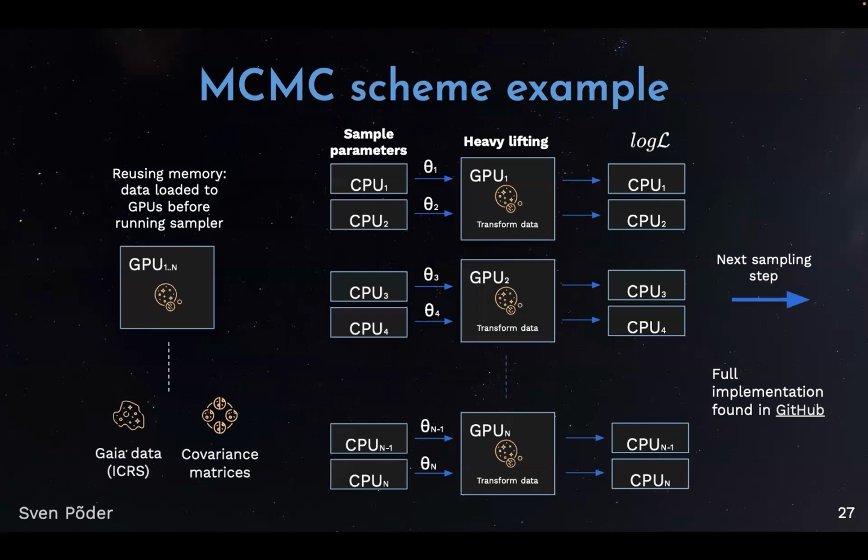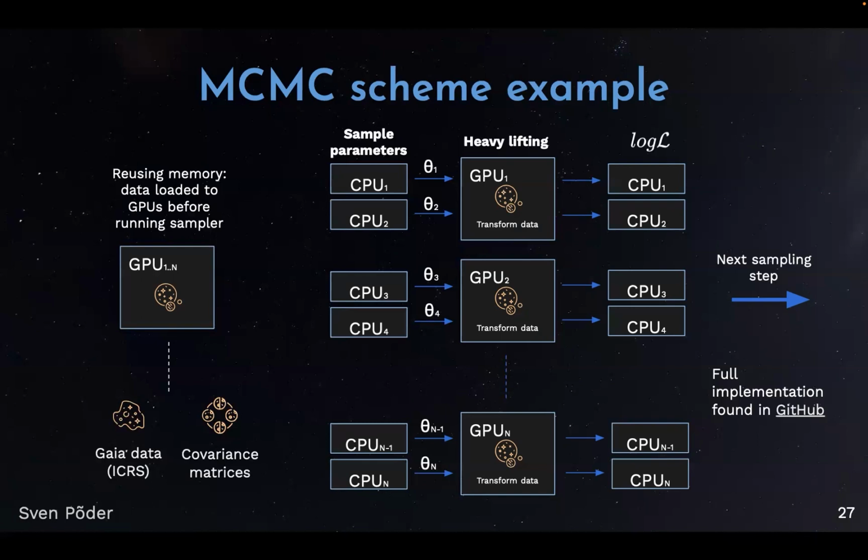So the way you would do this is I constructed this scheme before doing any Markov chain Monte Carlo sampling, in order to reuse our memory and to take care of this memory optimization. In the end, we used 6 GPUs. So we would load the raw data that is not processed yet, the input data, onto the CPUs and also the covariance matrices.